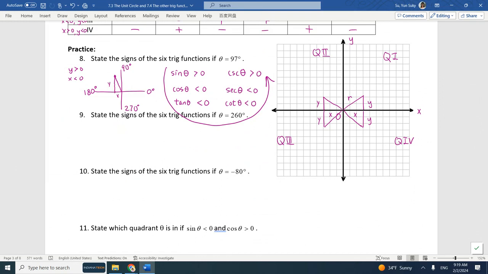If you finish number 9, go ahead to do number 10. We'll check both questions together.